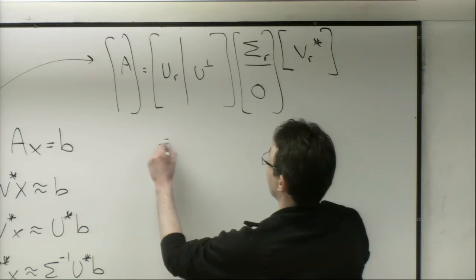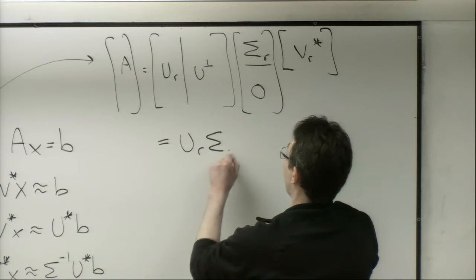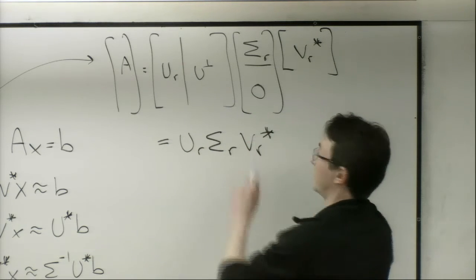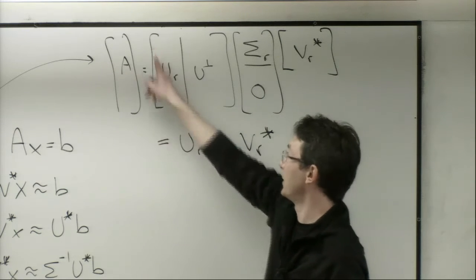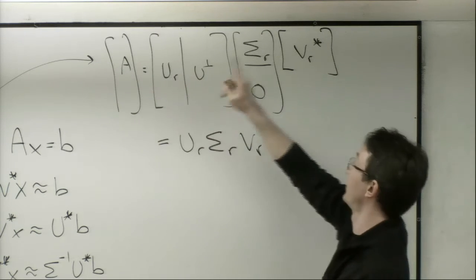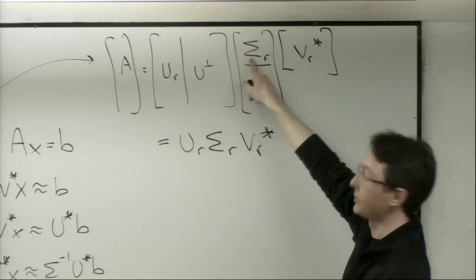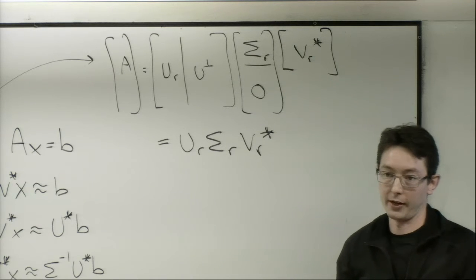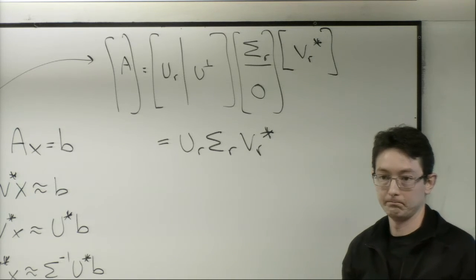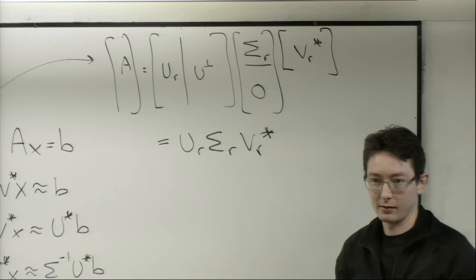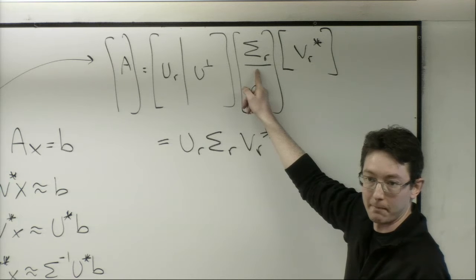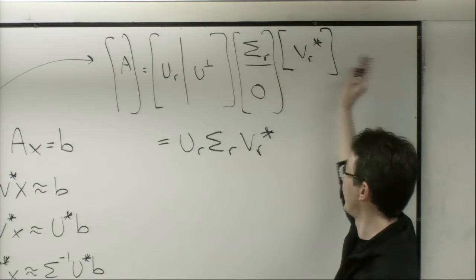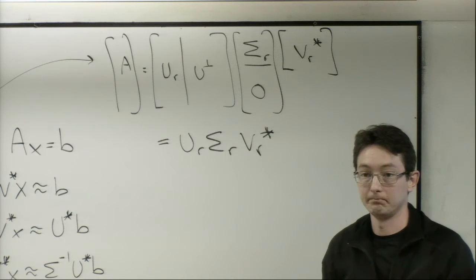So this equals U_R sigma_R V_R star. A is exactly equal to just these first R columns times the first R by R singular values times the first R by R singular vectors, V. Does this make sense? Right? You have this big zero chunk in the middle of sigma, and so everything that multiplies that just cancels out.